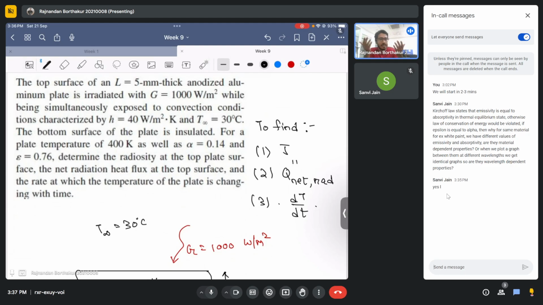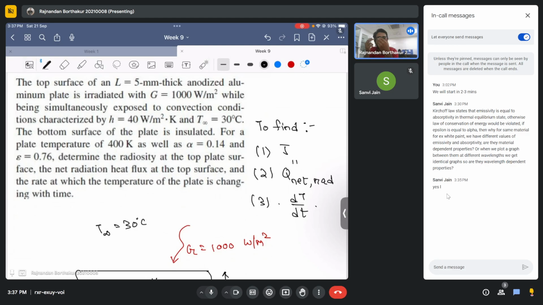In the second sense, a gray body means that your radiation properties are independent of the wavelength. You can say that your spectral emissivity then becomes equal to your total emissivity, which means if we integrate your spectral emissivity along all the wavelengths, for a gray body it is equal to the total emissivity.